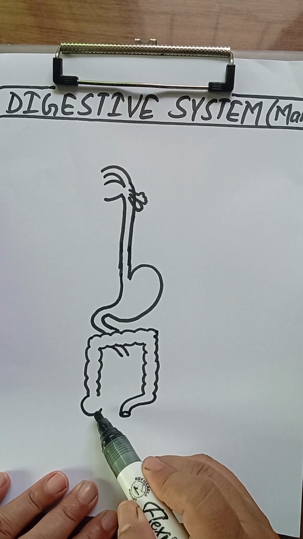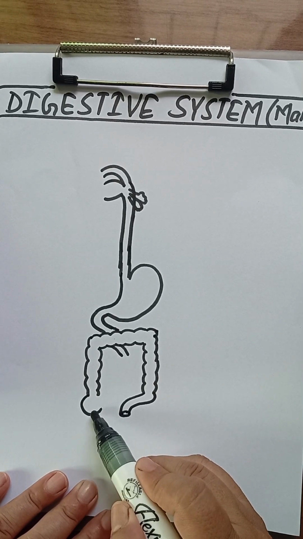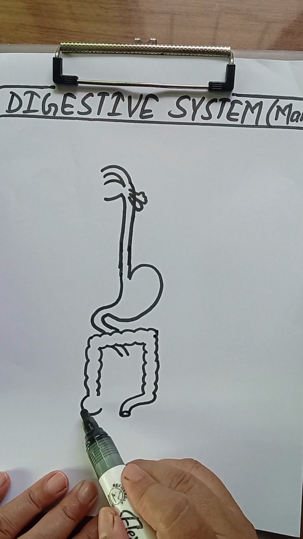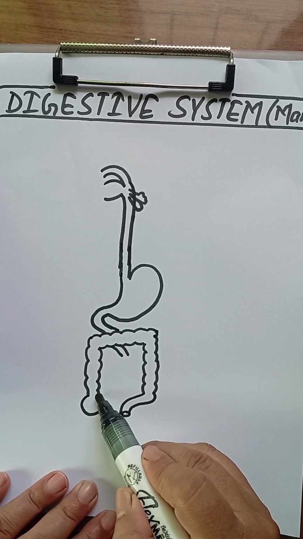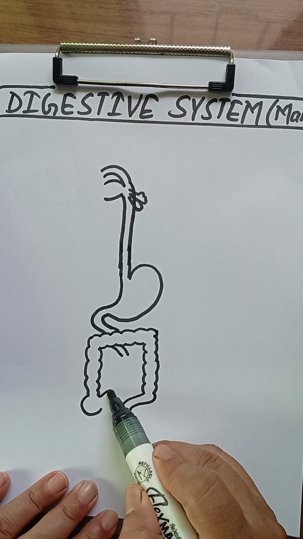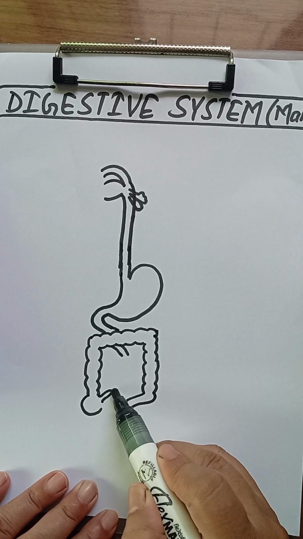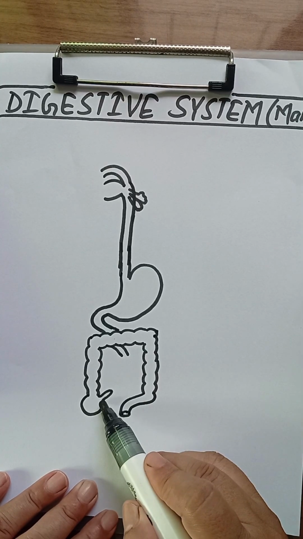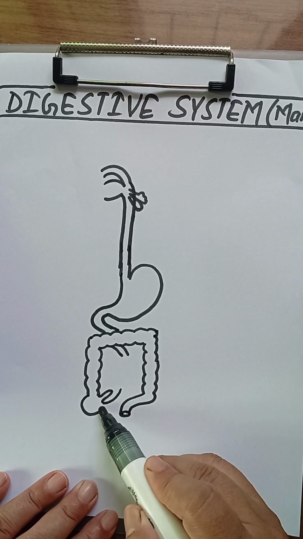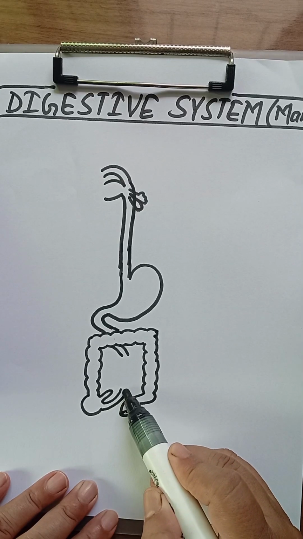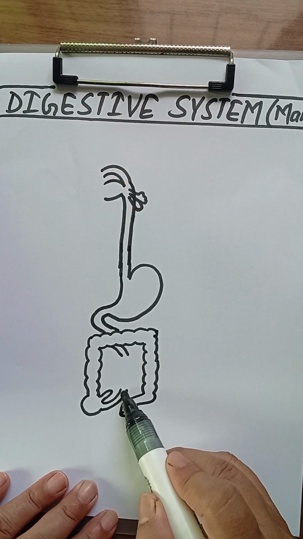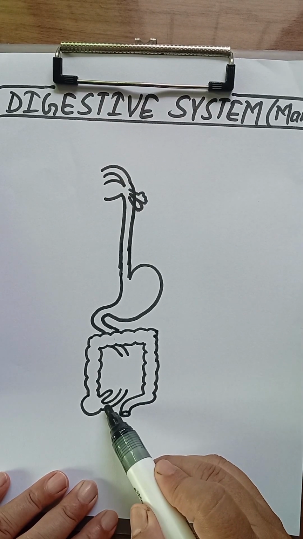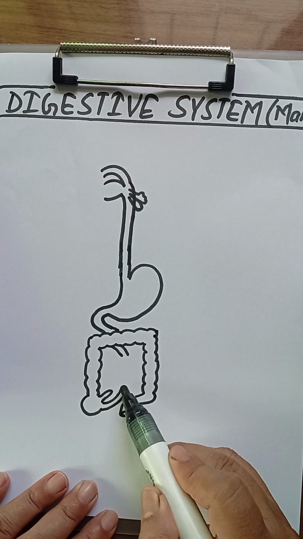This is the first part of the large intestine and this is known as the cecum. And just opposite to this, there is a sac-like structure. This is known as the vermiform appendix. And just move inside the cavity like this. This is the last part of the small intestine and it is ileum.